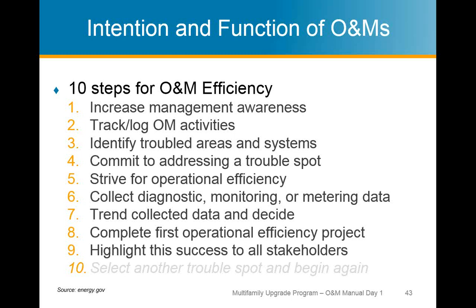We're taking the lowest hanging fruit in terms of trouble spots, making it a win, and having it be a positive feedback loop for future improvement. So we've done that. Management is happy. Everyone went out for happy hour, and the next day we select another trouble spot and we begin again. And we do it over and over again until we've worked through that list and we've built up our operational and maintenance confidence, and we have a robust manual and a healthy building.